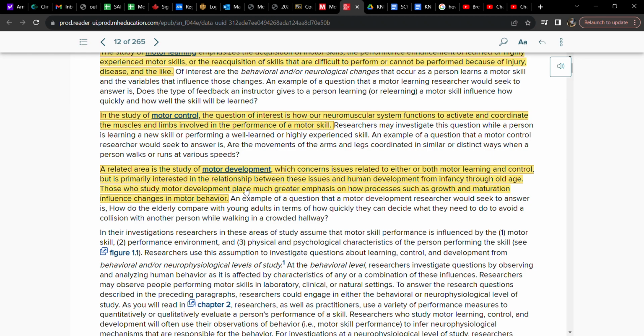Or it can look more at the human development aspect: you're a kid, you don't know how to walk, and then as you get older, you master walking. Obviously that's a pretty easy skill to master, and then as you get older it starts to taper off. So there are different ways of looking at motor development, which is a branch off of that motor control section.